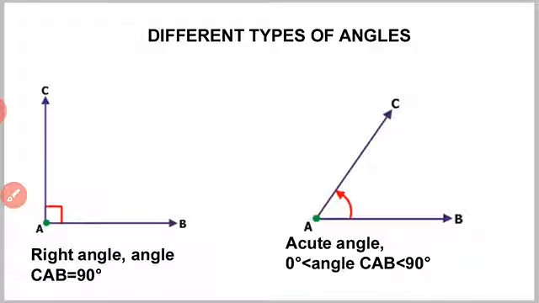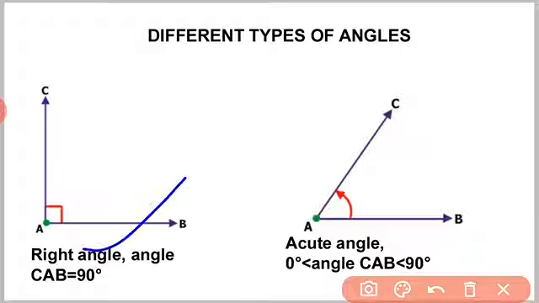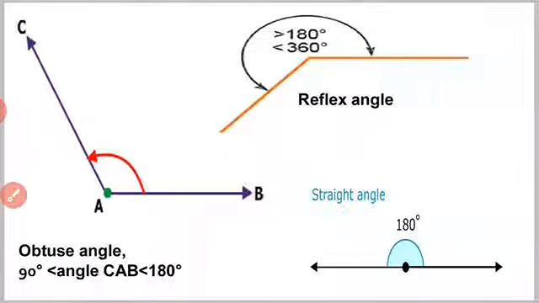Different types of angles. When the measure of the angle is exactly 90 degrees, then it is called a right angle. When the measure of an angle is greater than 0 degrees but less than 90 degrees, then it is called an acute angle. When the measure of an angle is greater than 90 degrees but less than 180 degrees, then it is called an obtuse angle.